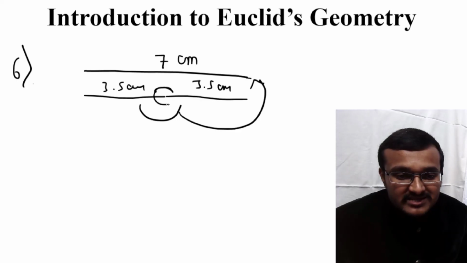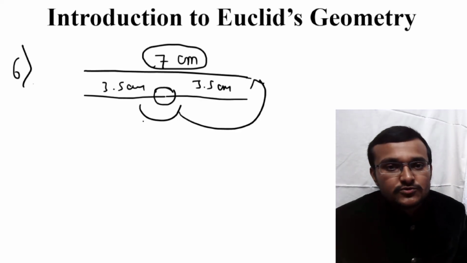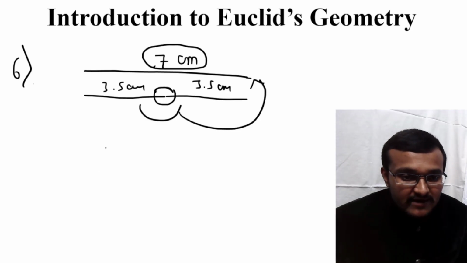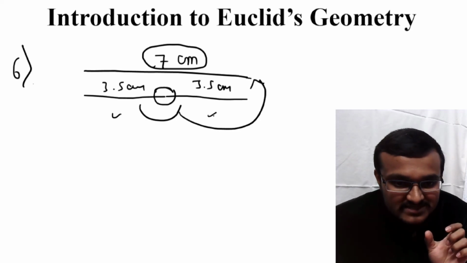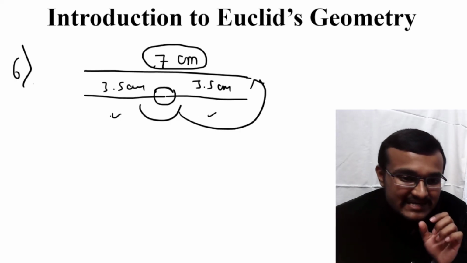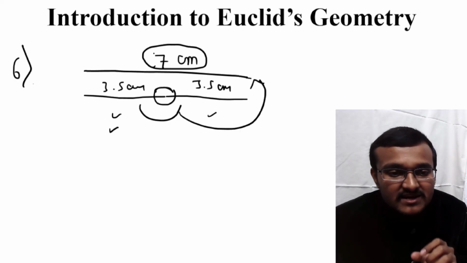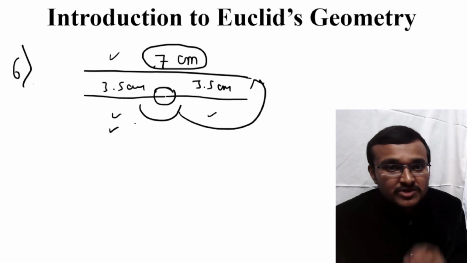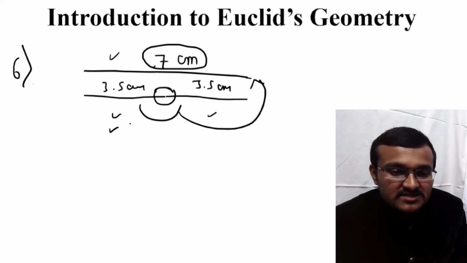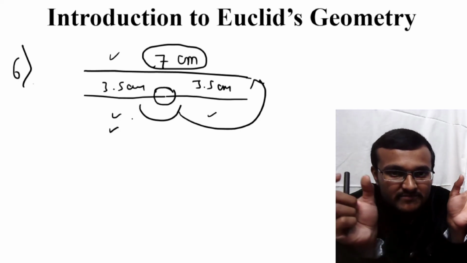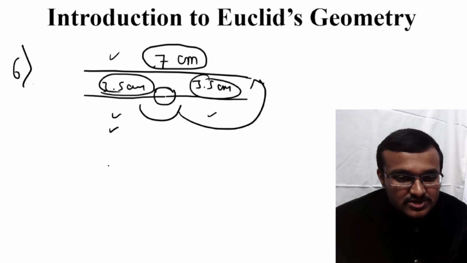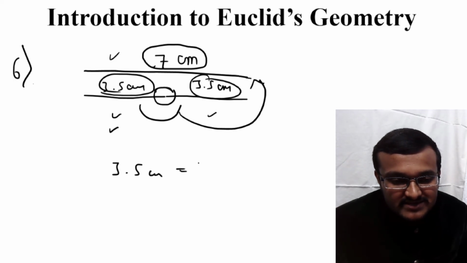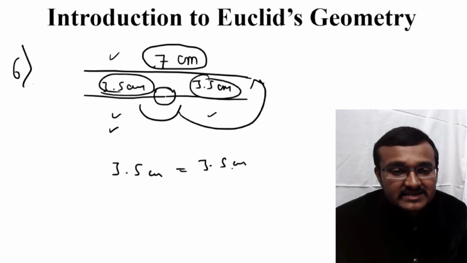When these two lines join together, they form this big line which is equal to 7 centimeter. So exactly double of one of these lines will give you this bigger line. So two such lines, in order to form that bigger line, will be equal to each other. So 3.5 centimeter is equal to 3.5 centimeter.